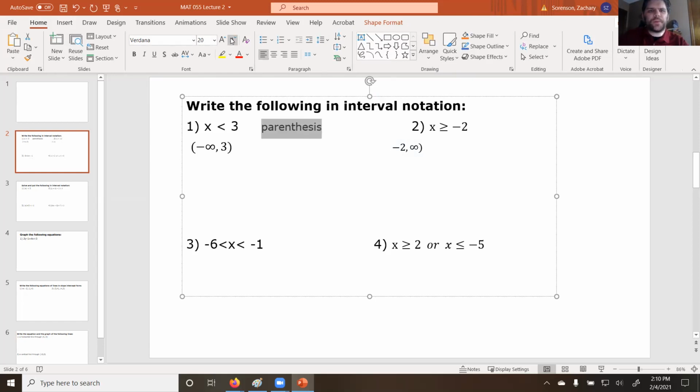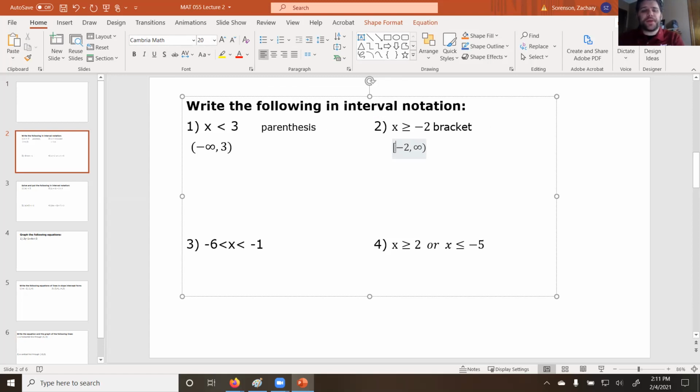So on the first one, we put a parenthesis. That's why there's a parenthesis on the 3. If there is a greater than or equal to, we put a bracket. So in this case, we have a bracket on the number. Anytime we have infinity, always, always, always, we put a parenthesis on it.